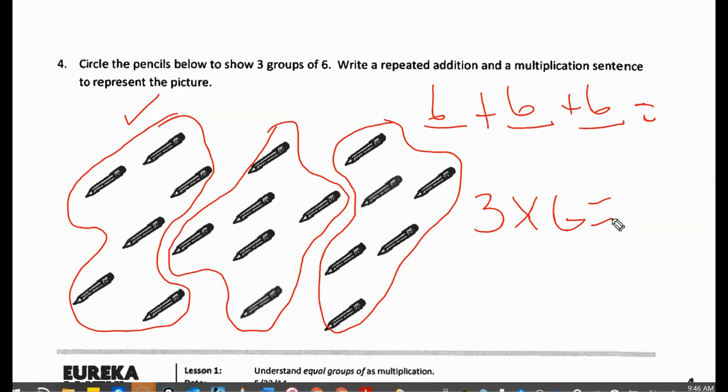What's the total? 18. Let's see. 1, 2, 3, 4, 5, 6, 7, 8, 9, 10, 11, 12, 13, 14, 15, 16, 17, 18. That's my total. 18. Make sure we count them.